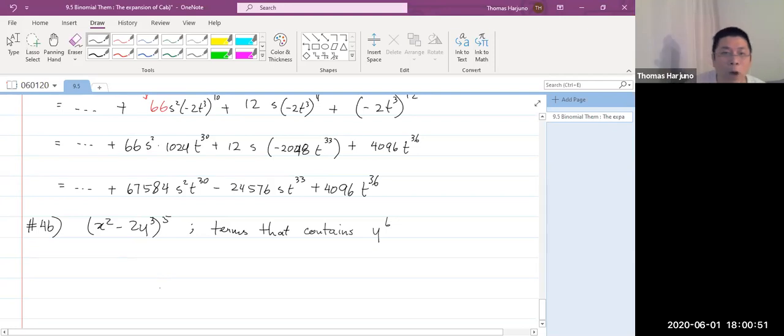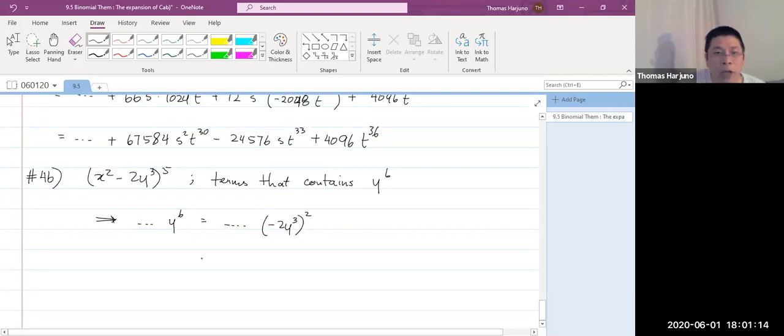Now to have y to the sixth, by induction, we know we must have negative 2y cubed squared. Is that right? That's the only way to have y to the sixth.